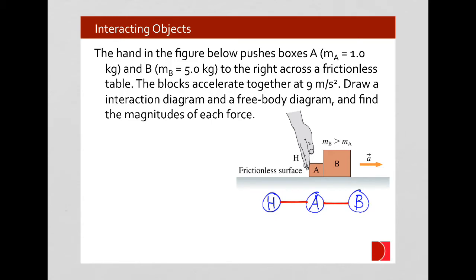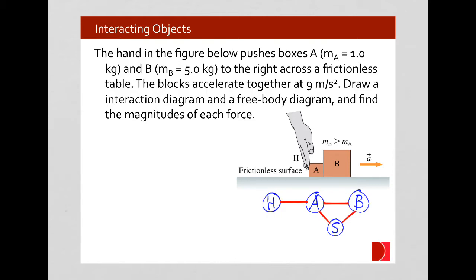A and B are both sitting on a surface, and so there will be a normal force of both of them sitting on the surface. Even though it's frictionless, there won't be a frictional force.